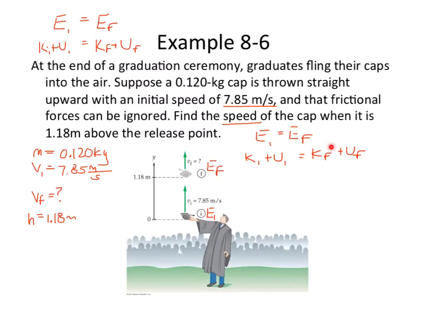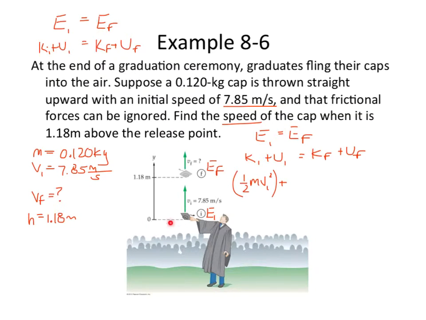Kinetic energy initial is 1/2 mv initial squared. That's our initial kinetic energy. What's our potential energy initial? Well, the nice thing about potential energy is that you can call 0 wherever you want.